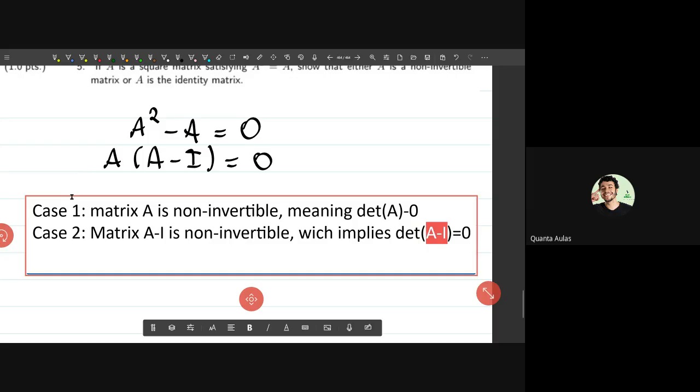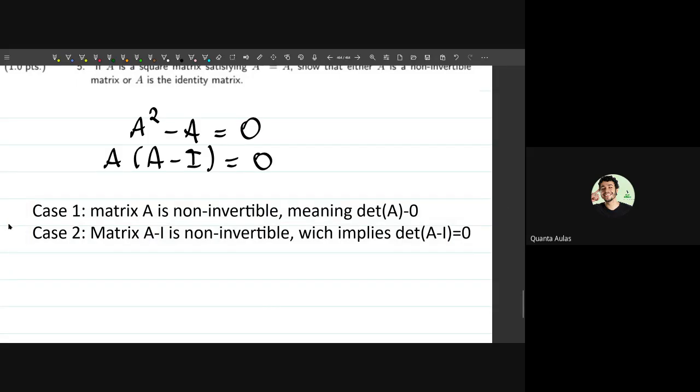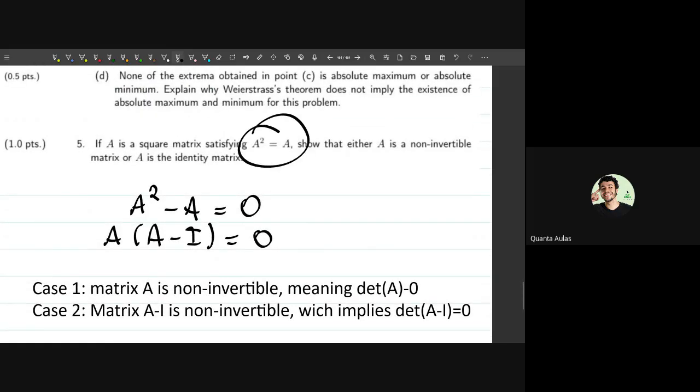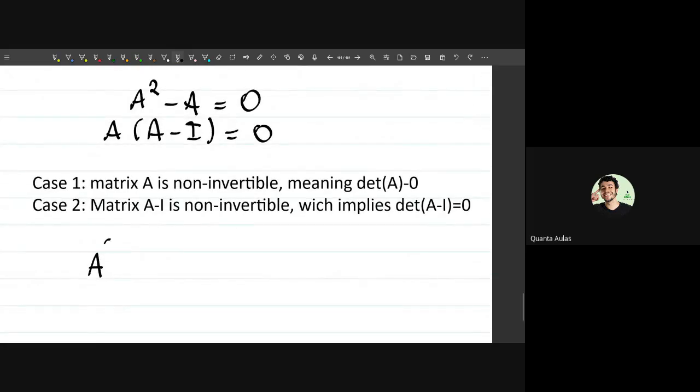Now, to start our considerations, we can assume A is invertible, okay? If A is invertible, we have a very interesting situation, because we can take the original equation and multiply both sides by this thing, okay?